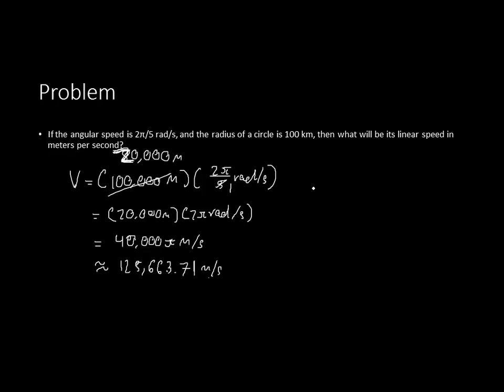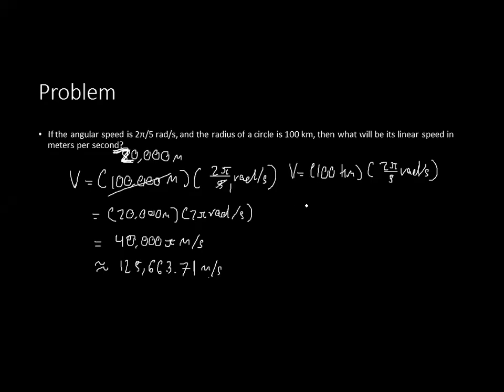That is our answer. Now, what if we get the answer first, then convert it into meters per second? We can do that. You substitute: we have 100 kilometers times 2 pi over 5 radians per second. 100 and 5 are both divisible by 5.